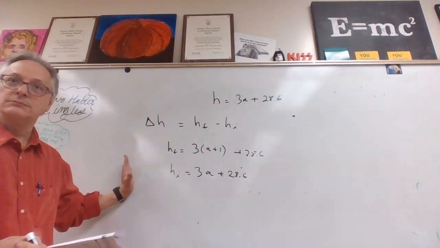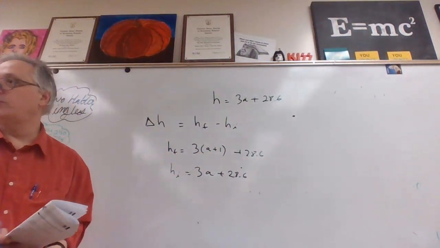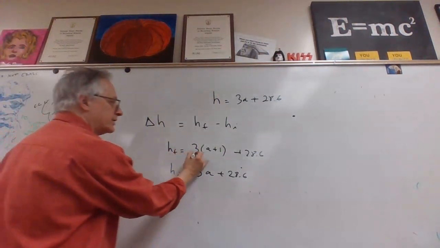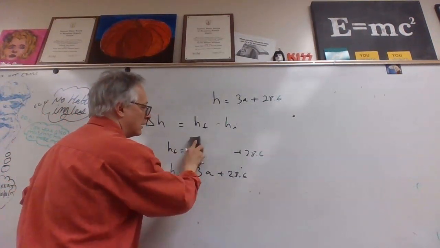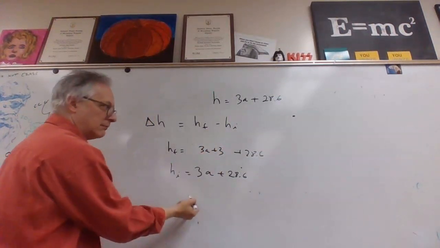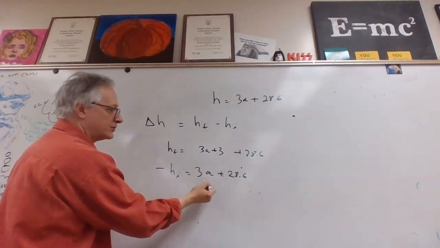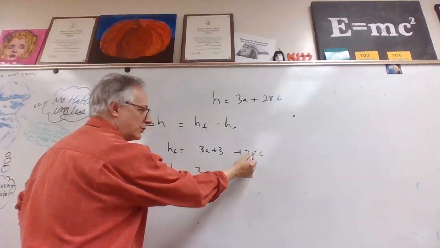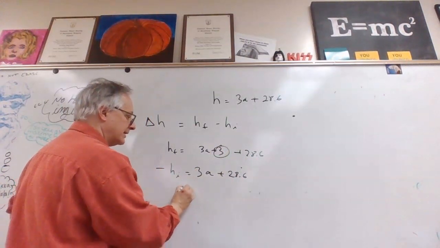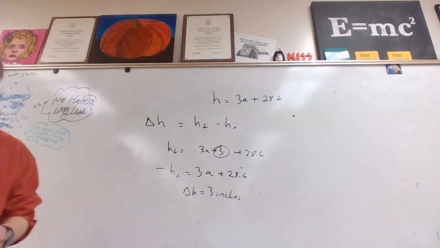What we have to do then is distribute and then subtract the two equations. So when I distribute, 3a plus 3, and just take the difference of these two, well, 3a minus 3a is 0. 28.6 minus 28.6 is going to be 0. The only thing left over, the delta H, is 3 inches. And that should be answer A.